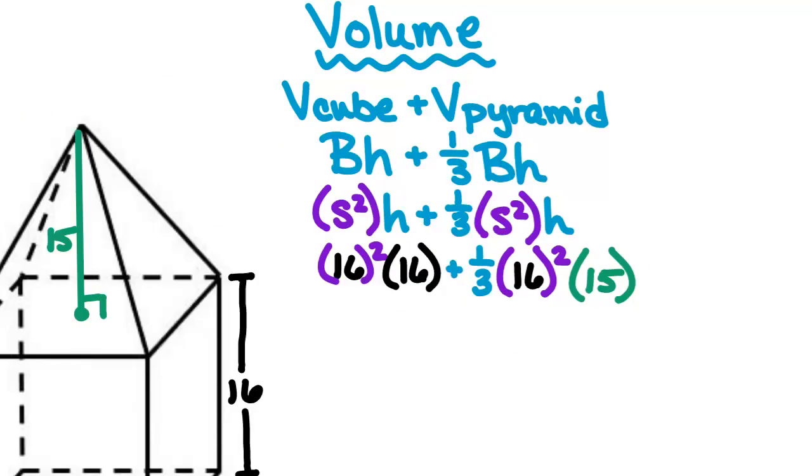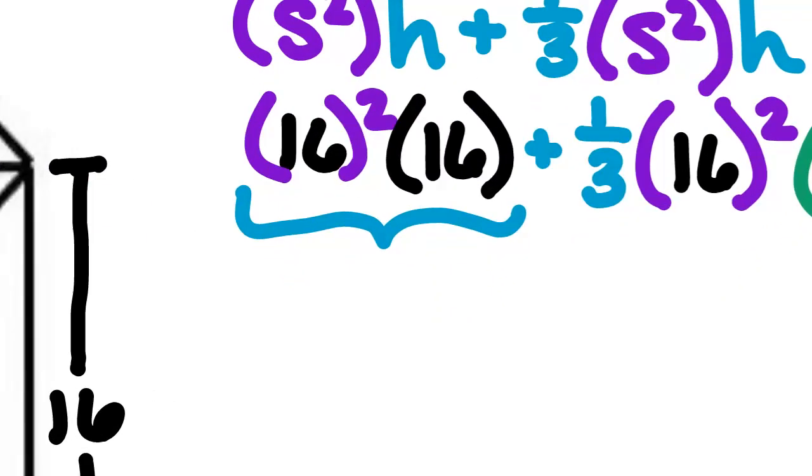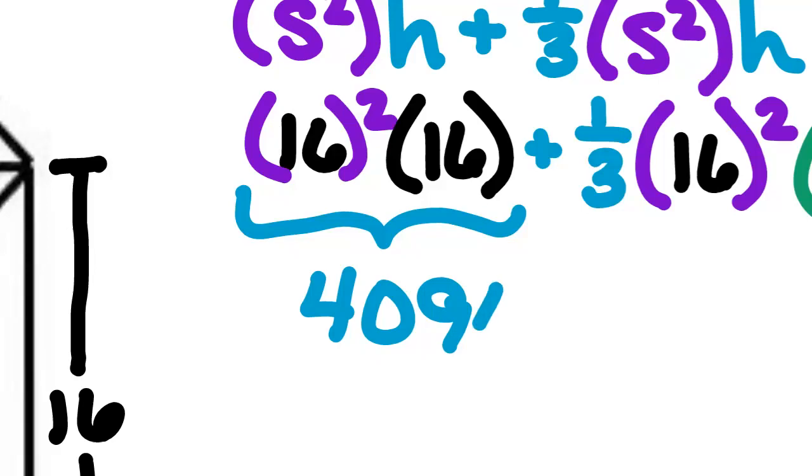All right, let's do this one piece at a time. Let's find the volume of the cube first. 16 squared times 16, or that would be the same as 16 cubed. What do we get? 4,096.